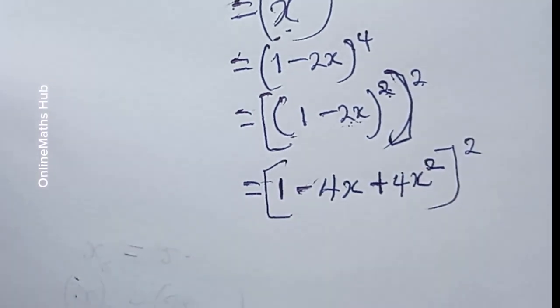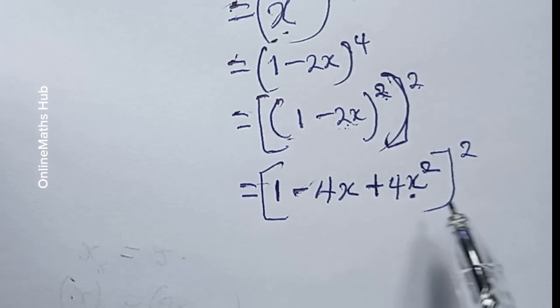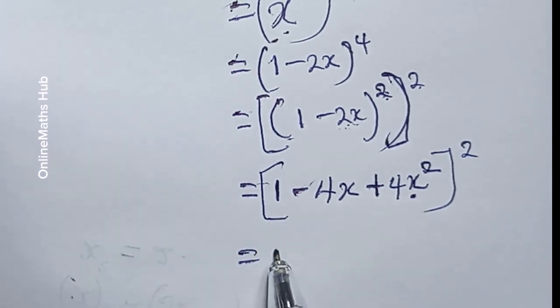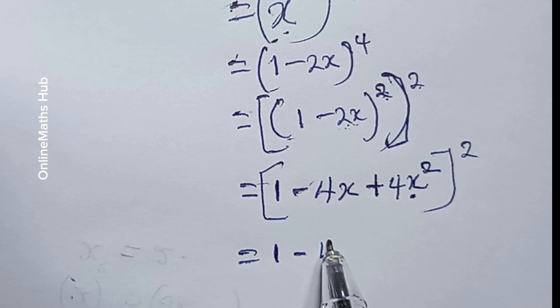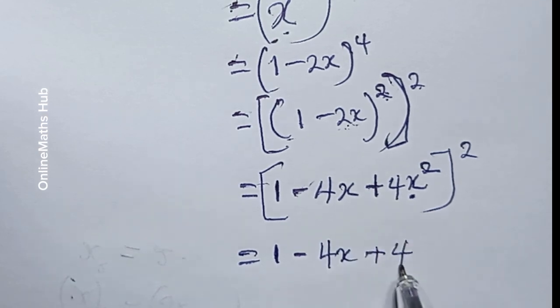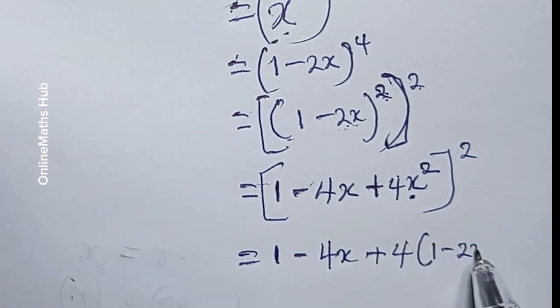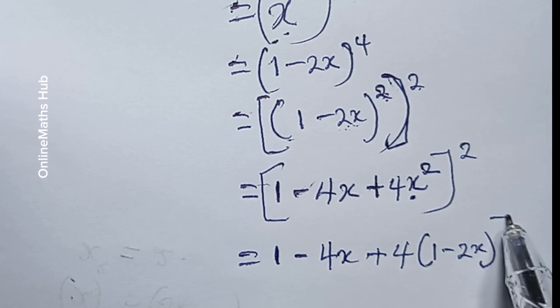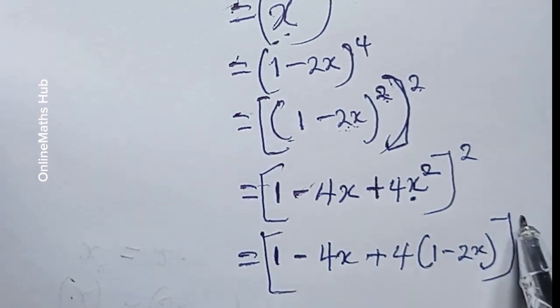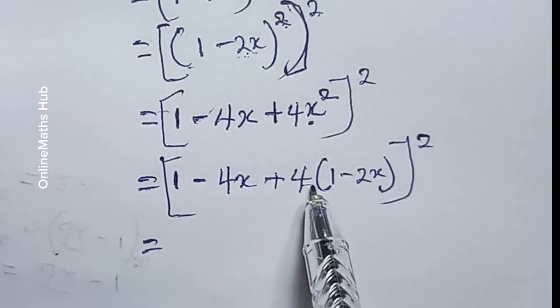Then of course we have an expression for x squared. I'm going to replace that right there, so I'm going to be having 1 minus 4x plus 4 into 1 minus 2x, and all of this is raised to power 2. Next I'll proceed to open this bracket.